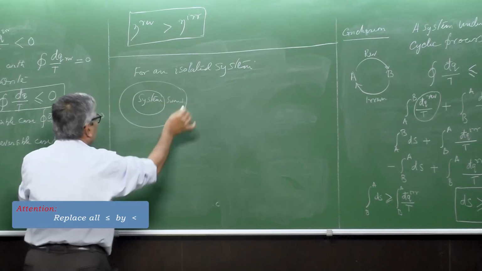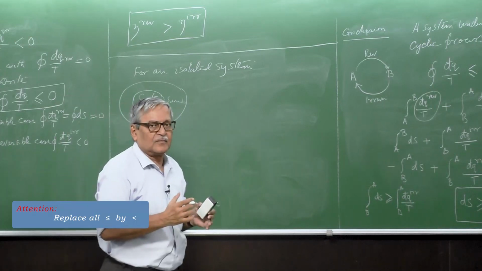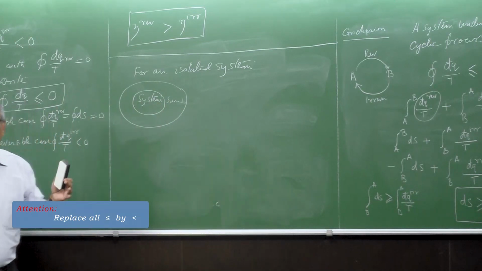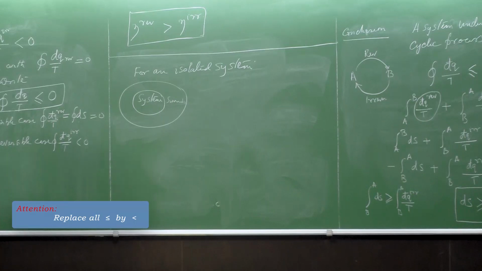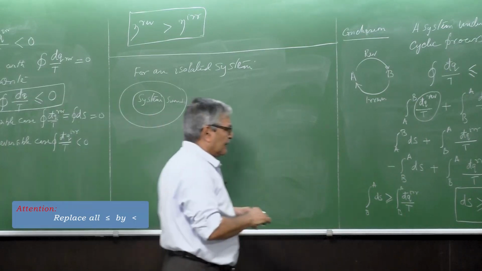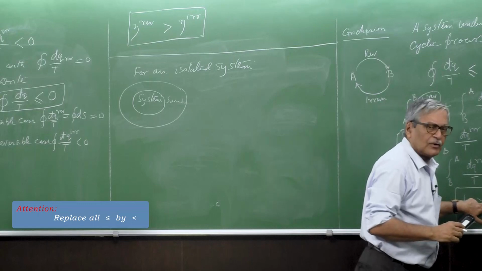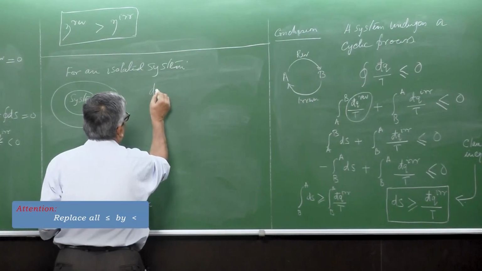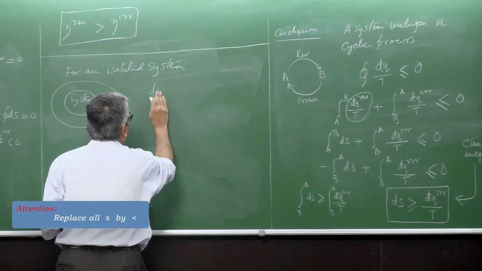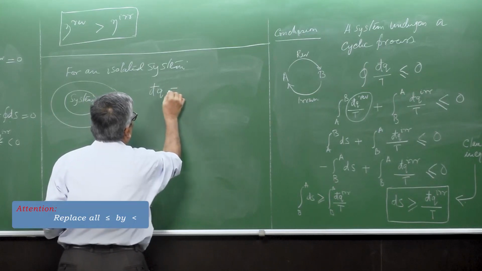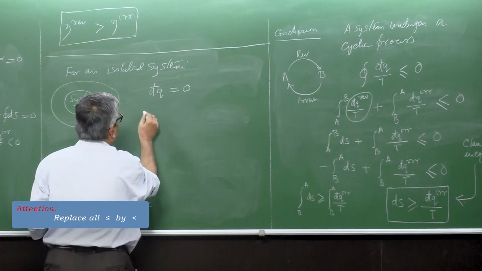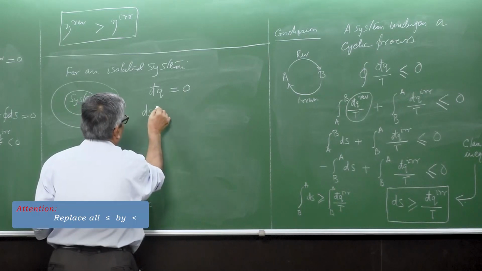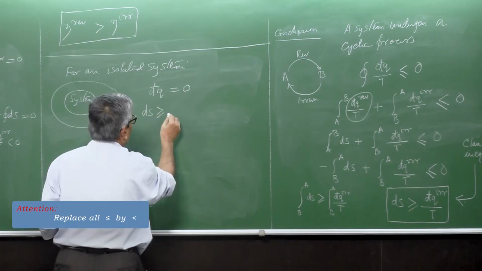The entire thing is an isolated system, so system plus surroundings is isolated. If dQ is equal to 0 for an isolated system, since nothing is entering into the system, then dS is greater than or equal to 0.